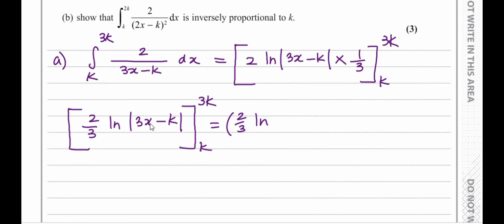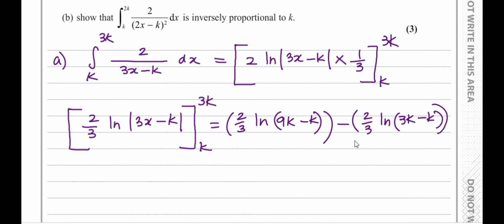So 3 times 3k is 9k minus 1k. All right, so close the bracket now. Minus new bracket with 2/3 ln. Instead of x now, I'm going to put k, so it becomes 3k minus 1k, close the bracket.